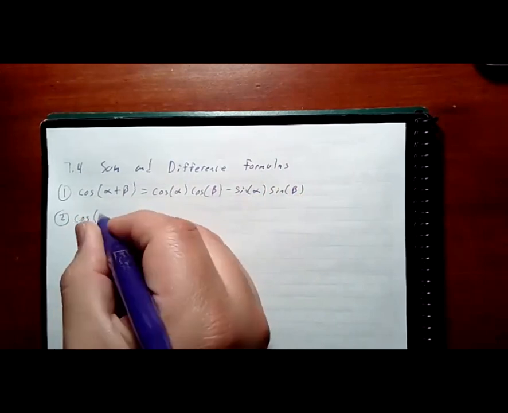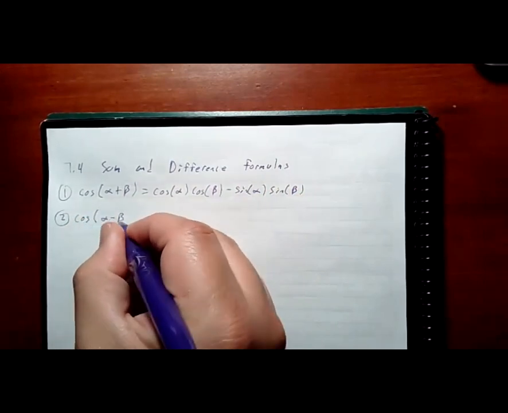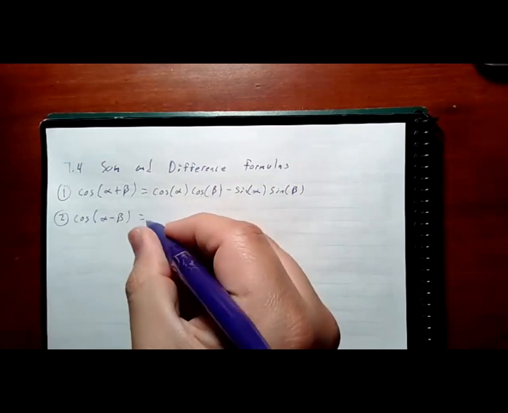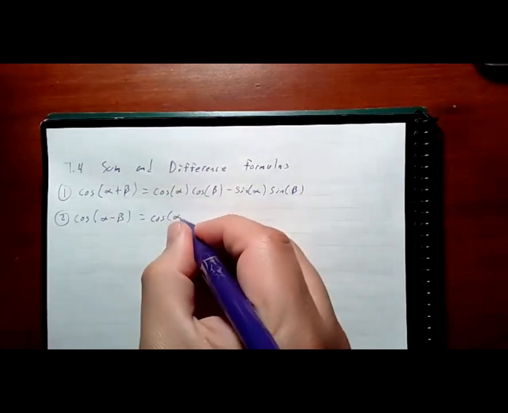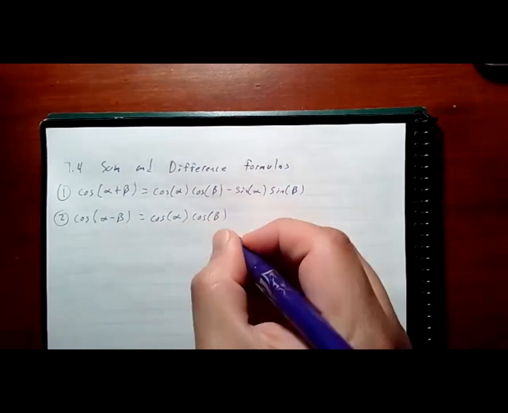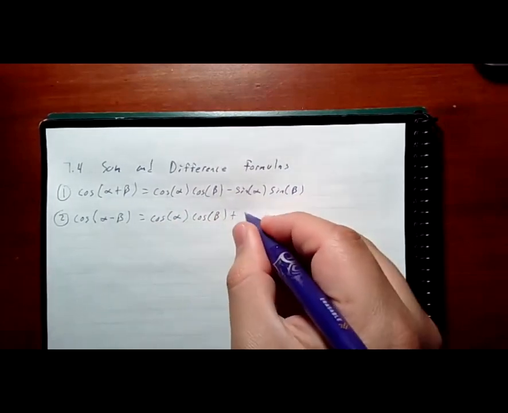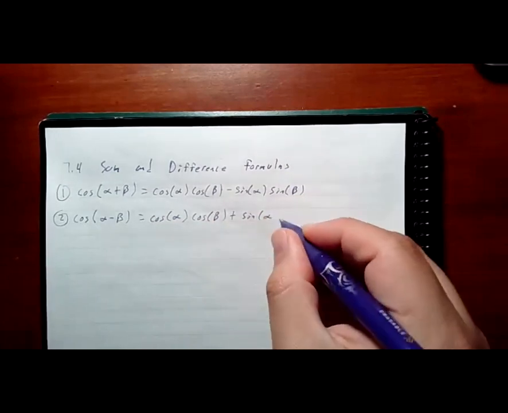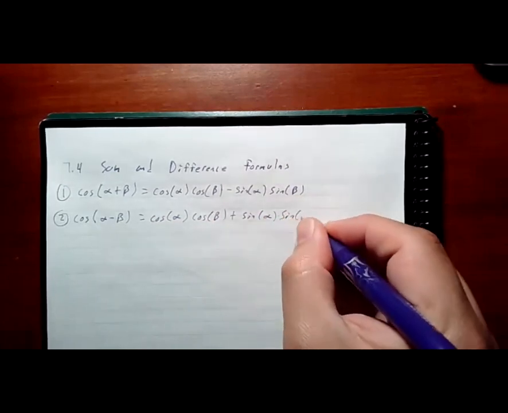Number 2, cosine of alpha minus beta is equal to cosine alpha cosine beta plus sine alpha sine beta.